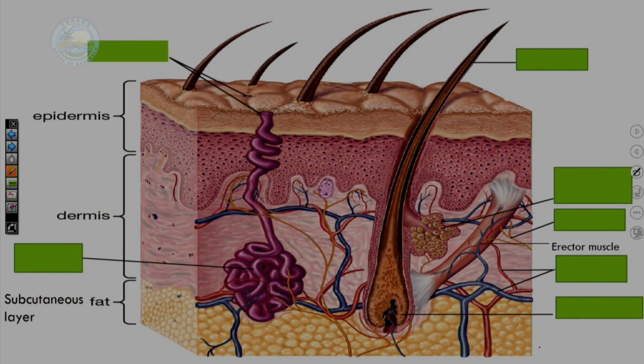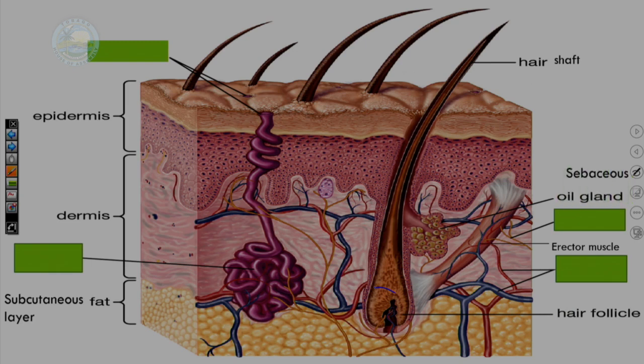So let us look at the different structures that make up your skin. While it is a very simple organ, it is quite complex as well. So obviously we have the hair shaft, which is basically the structure of your hair, and at the bottom of it we have the hair follicle, the area that controls the growth of the hair.